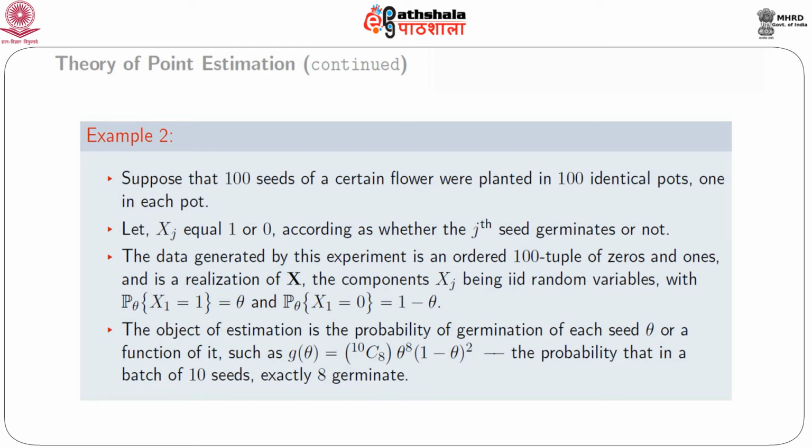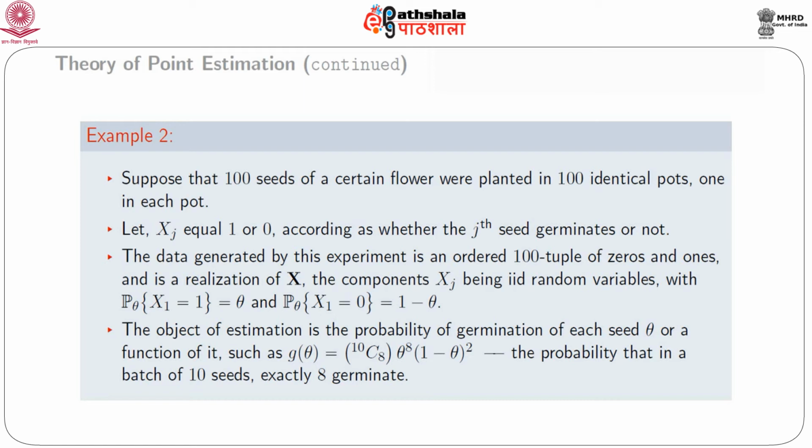The data generated by this experiment is an ordered 100-tuple of zeros and ones and is a realization of the X vector, the components Xj being IID random variables with probability X1 = 1 equal to theta, and probability X1 = 0 equal to 1 - theta.